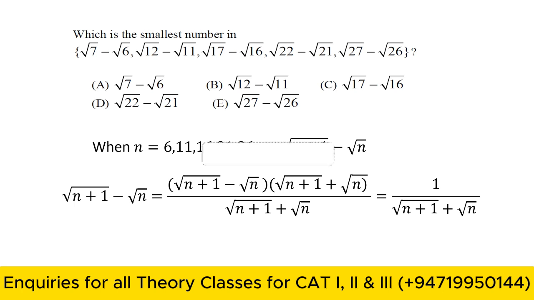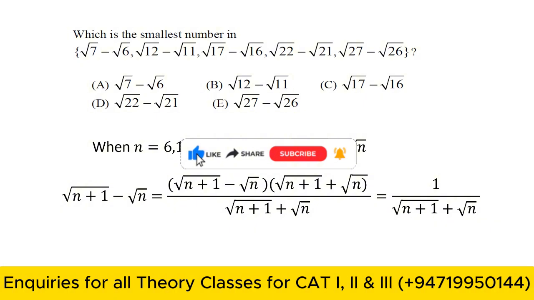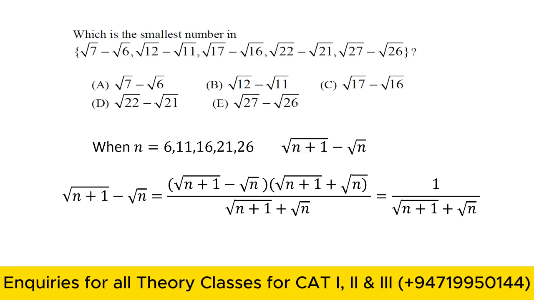As the denominator becomes larger, 1 over the denominator becomes smaller. So when observing the above root numbers, the largest root numbers should give the smallest number.